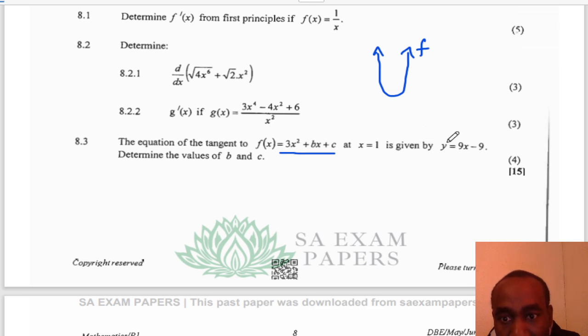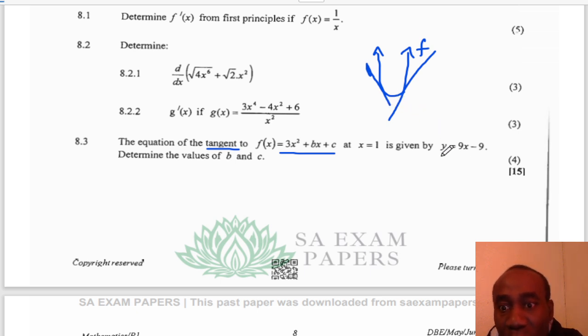Now, they say that the equation of the tangent, remember, a tangent is a straight line that touches the graph at one point externally, right? You can have two tangents here, one on this side and one on this side as well.